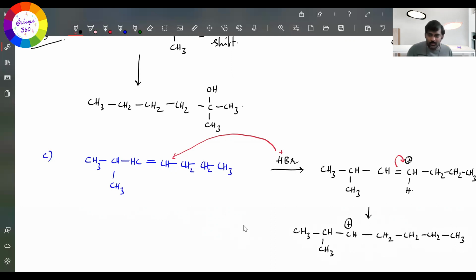So again here, it is a secondary carbocation, so it is supposed to undergo a 1,2 hydride shift. This hydrogen will move to the next carbon and the positive charge will shift to that carbon. So again, you have to do the 1,2 hydride shift.